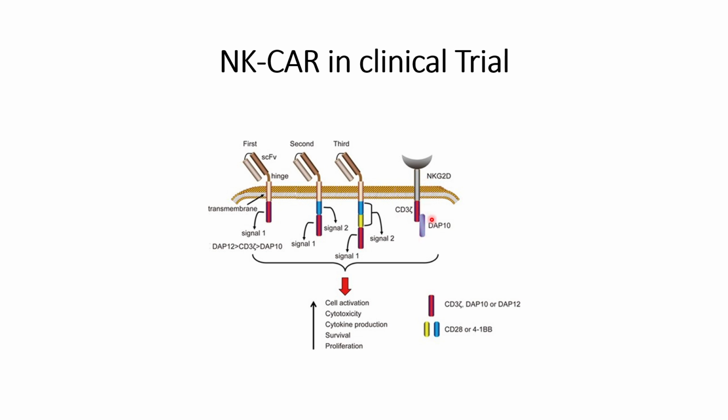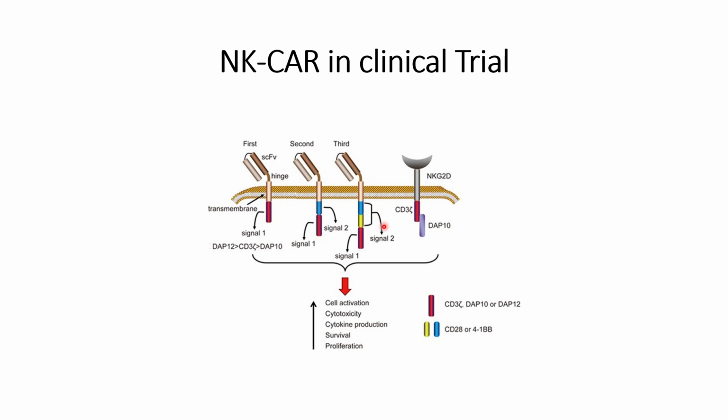Along with that, they have intracellular domains, that is CD3 zeta, or it can be used with second or third generations also. So this CAR that is specific to the NKG2D can be used against most of the tumors and can act as a universal CAR.